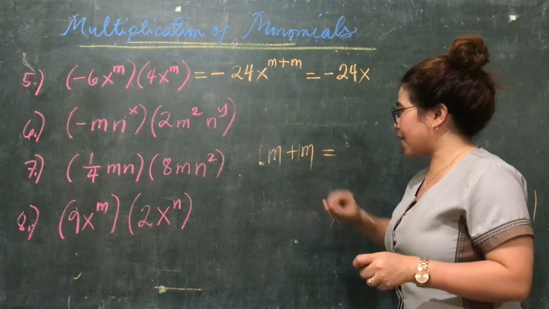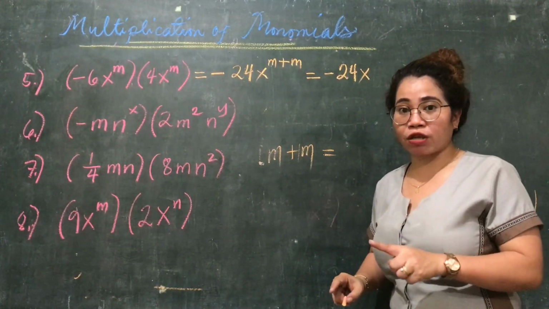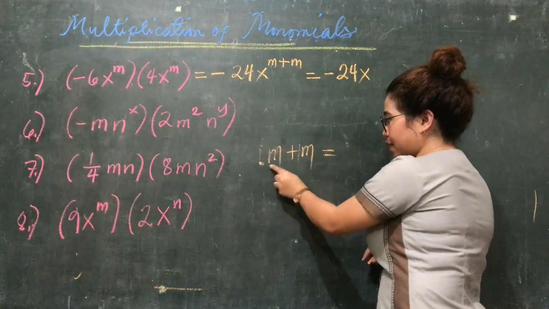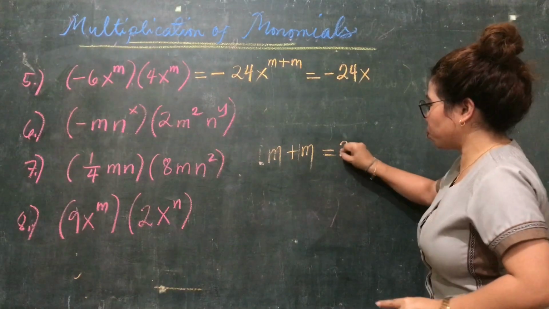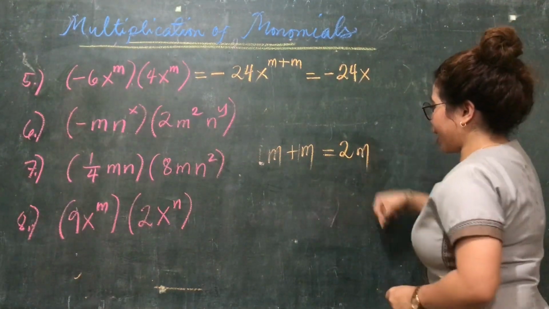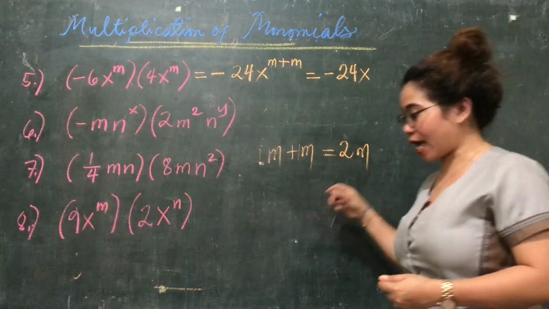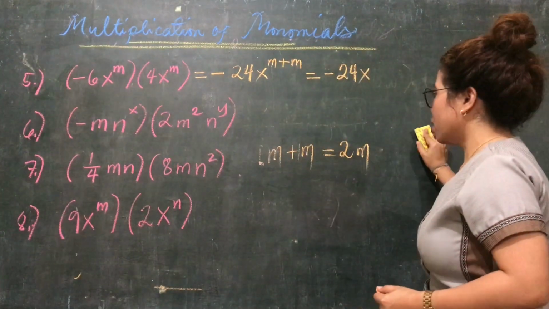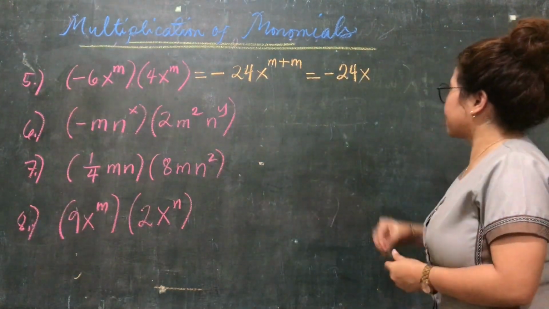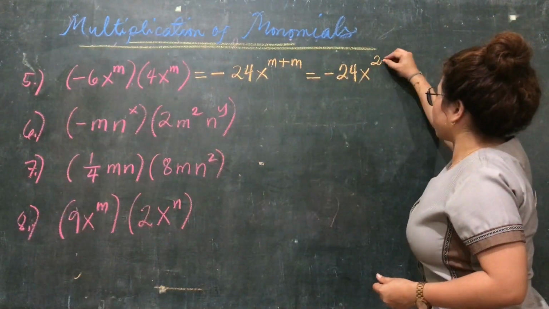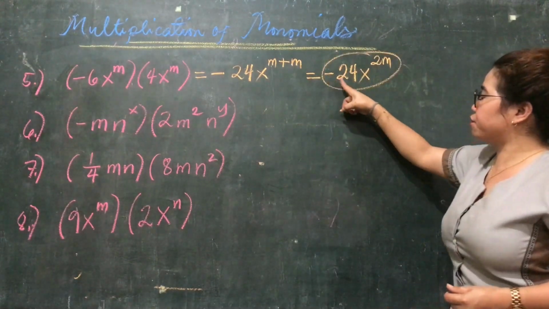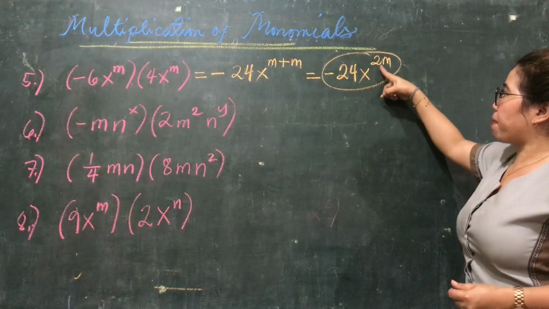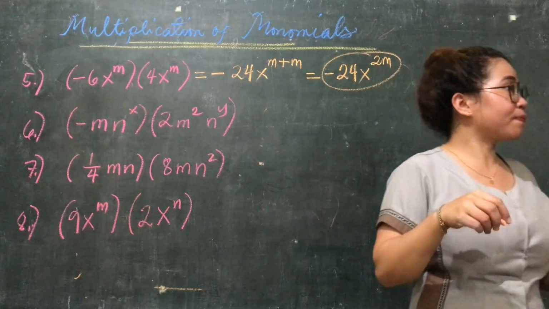Magdiretso ta ug add, kay puros positive ang duha ka terms. 1 plus 1, you have 2. I-copy lang ang m. Sa addition ni, dili ni multiplication. Okay, 2m ang power, 2m. So that's it. The answer is negative 24x to the power of 2m.